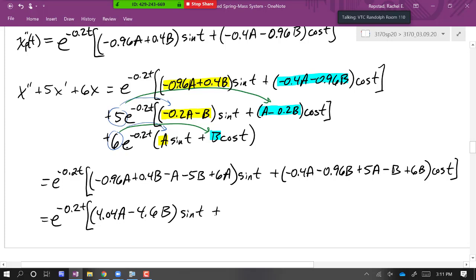And similarly, if you combine like terms for the cosines, we get 4.6a plus 4.04b. And this right here is equal to 4e to the negative 0.2t sine of t. Where does that come from?